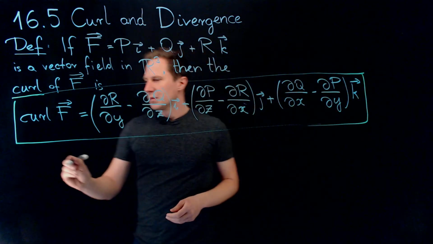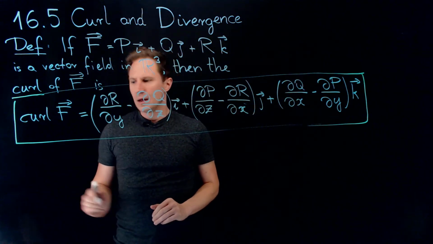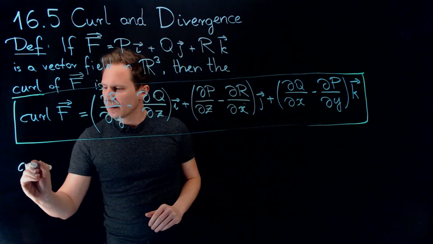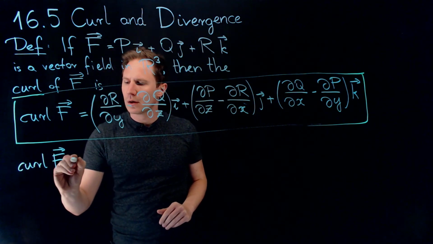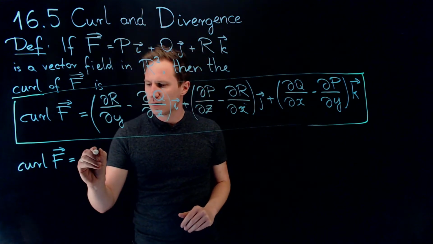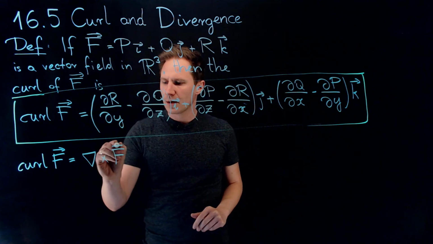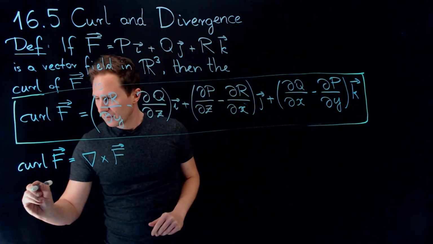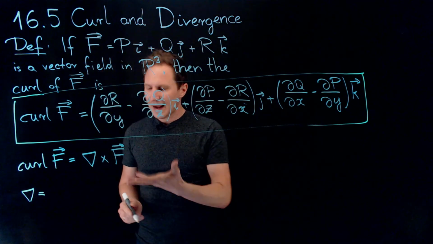So to help remember this complicated looking formula, it is often useful to write, and it's another notation for the curl of F, to write Nabla cross F, where Nabla is thought of as a vector.